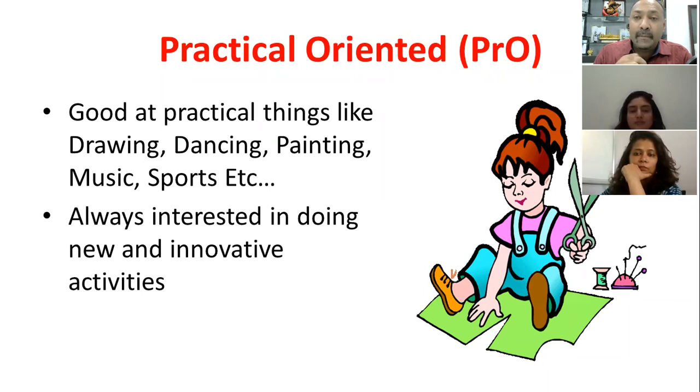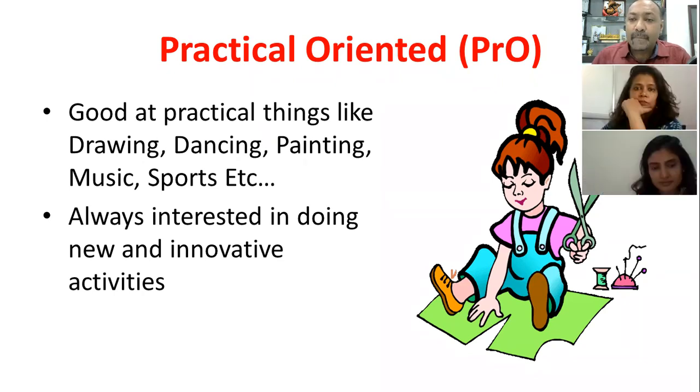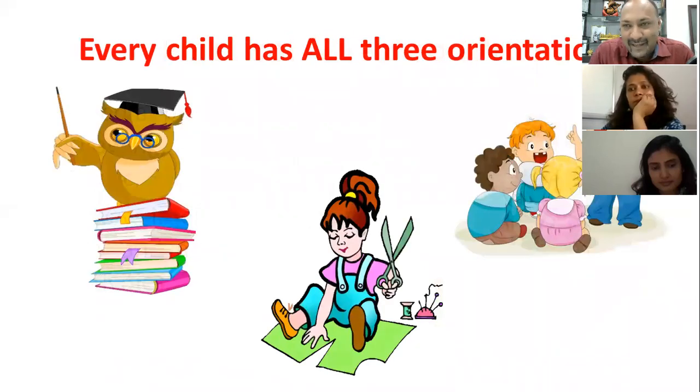Those things could be drawing, dance, art, craft, music, sports, acting, mimicry, cookery, photography, filmmaking, photo editing, cinematography. They are children who are good at these types of multiple practical oriented areas. They are always interested in doing new and innovative things. They are known as practical oriented children.